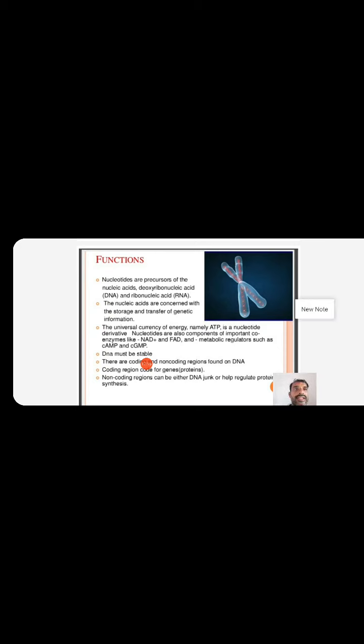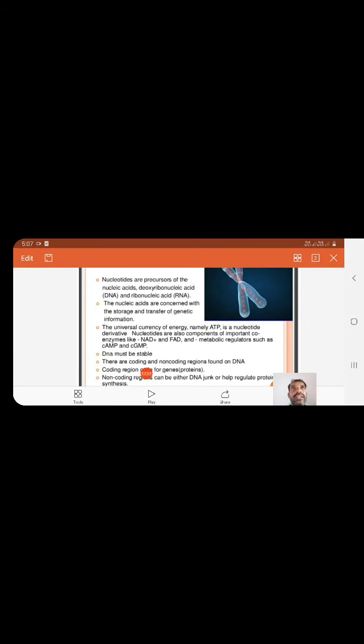See, nucleotides are precursors of the nucleic acids, deoxyribonucleic acid and also ribonucleic acid. The nucleic acids are concerned with the storage and transfer of genetic information, helping in the transfer of genetic material from one generation to another, even from one plant to another plant.